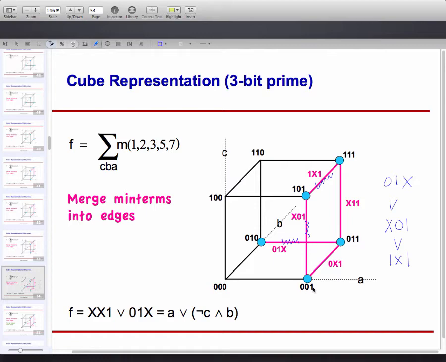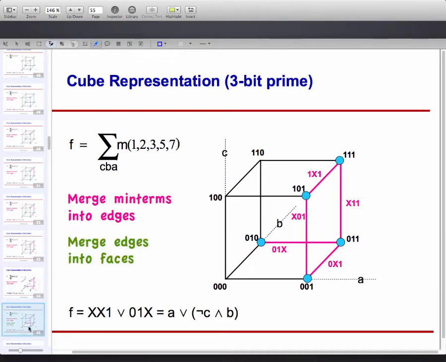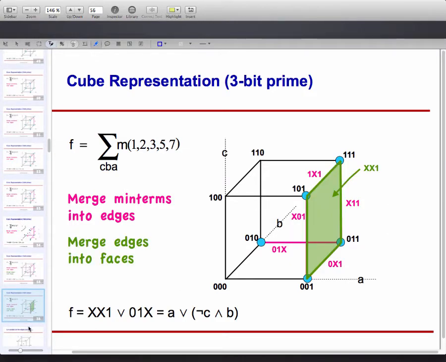0, 1, 0, 0, 0. All 4 of them are being covered. So across that face, what's happening is that I don't care about values of B and C because all of them are occurring, but A must be 1. So this face could be written as, and I think I'll just switch to the next slide, xx1, right?